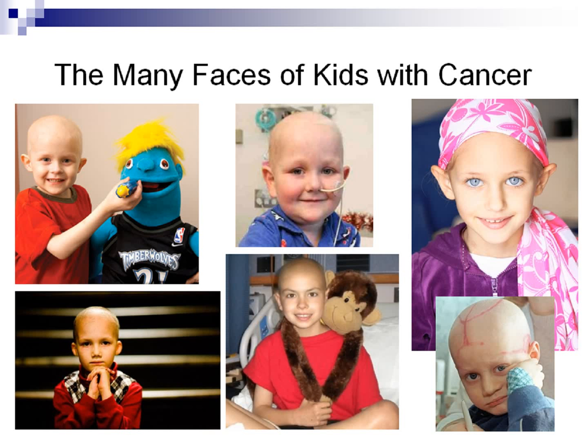So this is just a picture of some of the many faces of kids with cancer. When you think about cancer in children, I want you to remember how chemotherapy, radiation, the effects of cancer affect growth, missed school, developmental milestones. I want you to think about the long-term effects of cancer and radiation and chemotherapy as these children move into adulthood, because some of these kids end up with secondary cancers as a result of their treatments.